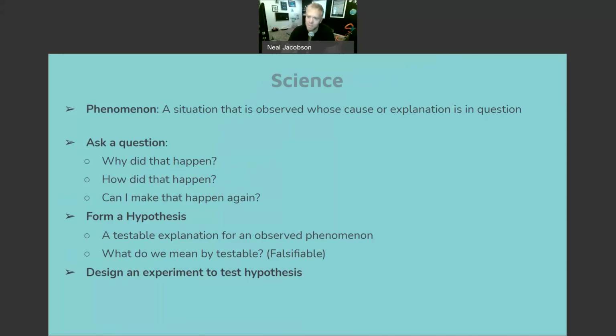So my hypothesis is that this plant, if taken, presumably how they prepare it, if you take this plant and you consume it, then it should lower your blood pressure. And so I design an experiment where I'm going to give half the people the plant, half the people a placebo, and neither one of them knows what they're getting. They just know they're part of a blood pressure experiment.